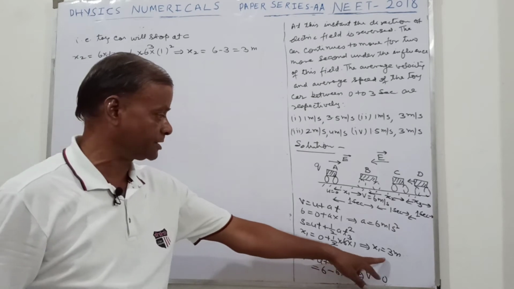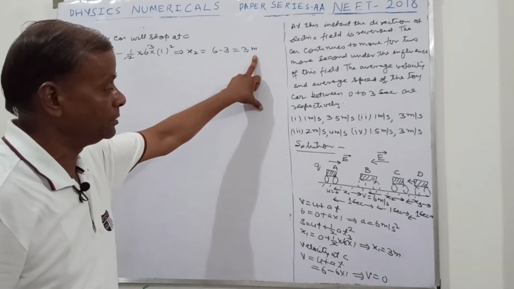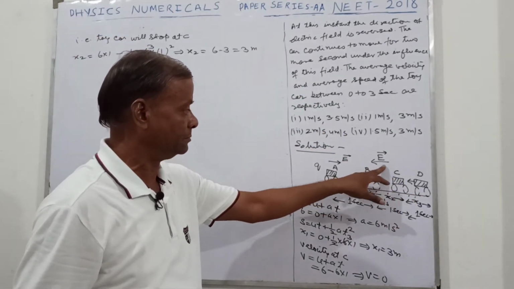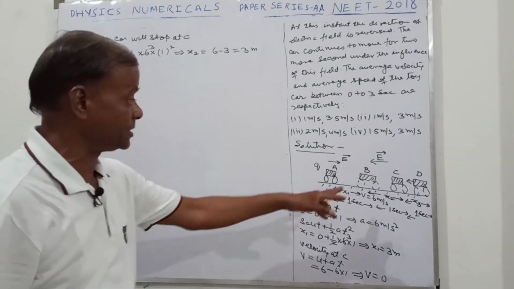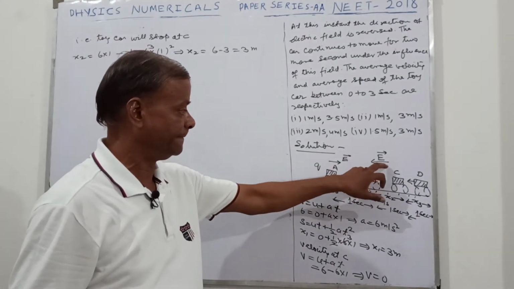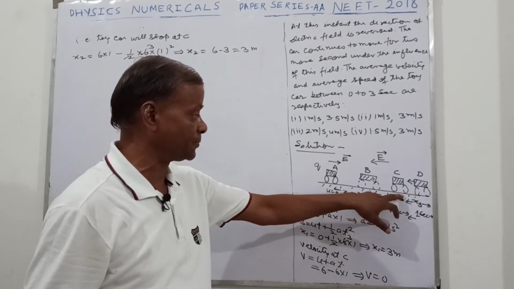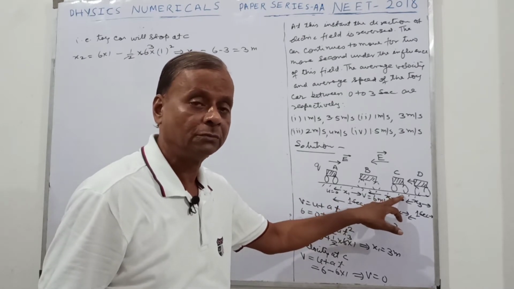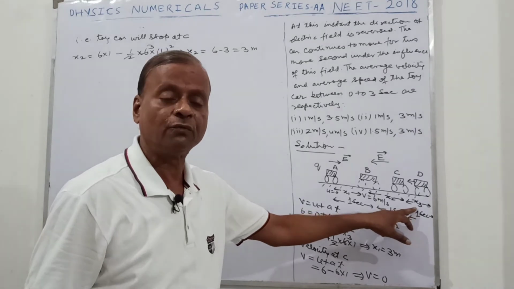So here x1 is coming out to be 3, and this is also coming out to be 3 in 1 second, but now this will be in the reverse direction because of this electric field E. So what will be the distance? When it stops at point C, it will start with speed 0, so that it moves for a distance x3 for 1 second.